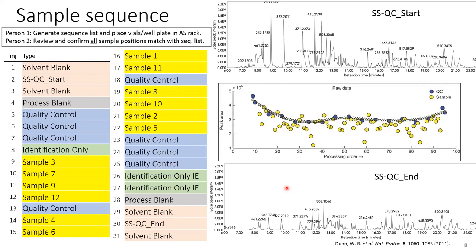Does the quality control need to be different from the sample itself, or does it need to be similar? Yes. The quality control could be any sample, but typically, if you want to do it in a good way, it's a pool sample of the study. We will take a little bit of all the samples into a pool.